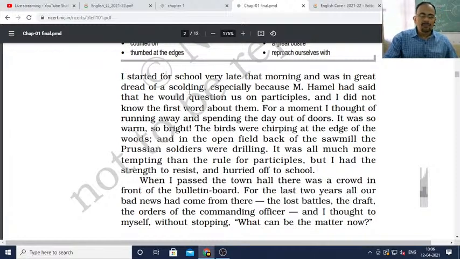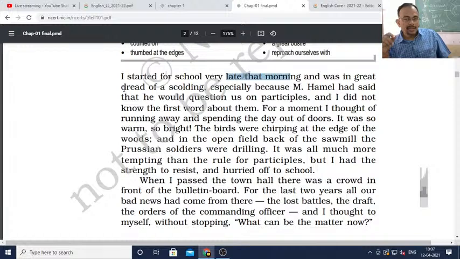So he said on that day he started for school very late in the morning, and as he started late, he was very much tensed about the fact that M. Hamel would certainly ask him some questions on French grammar, that is, on participles.